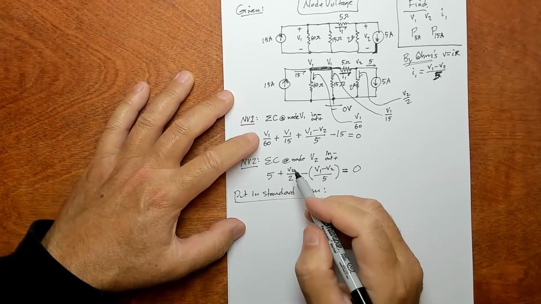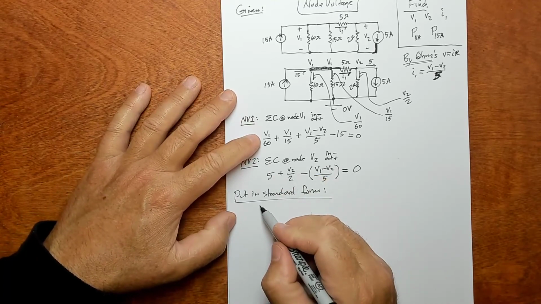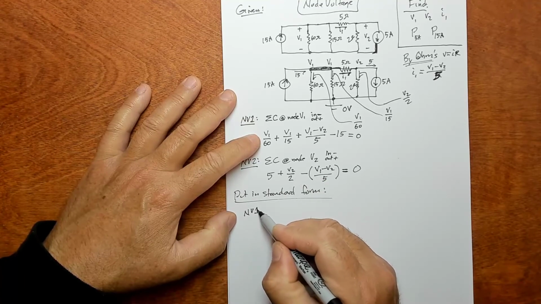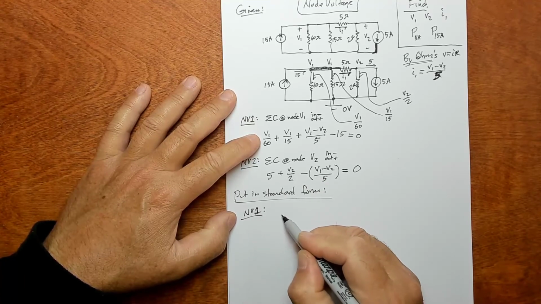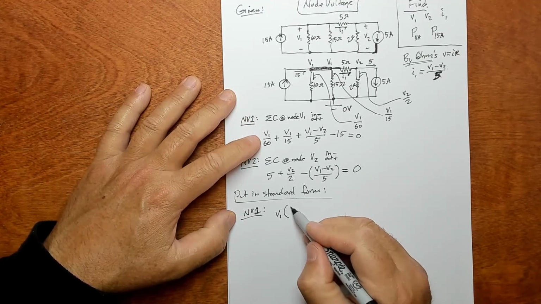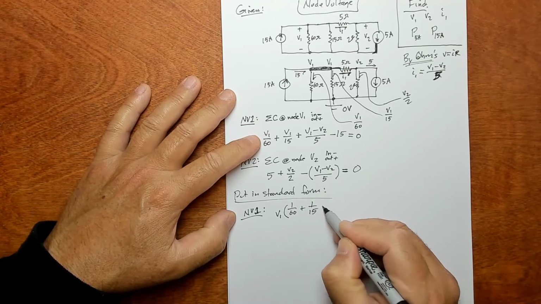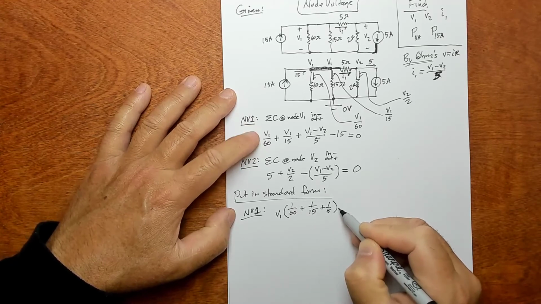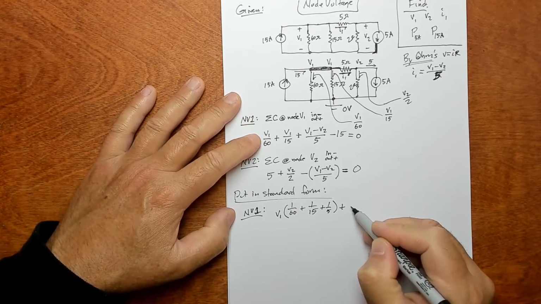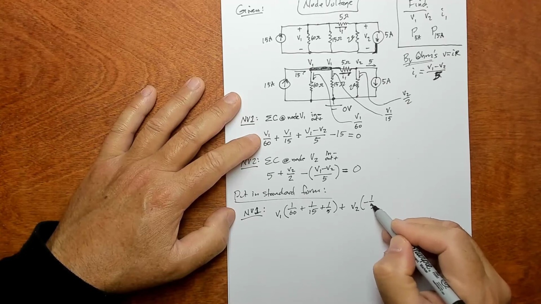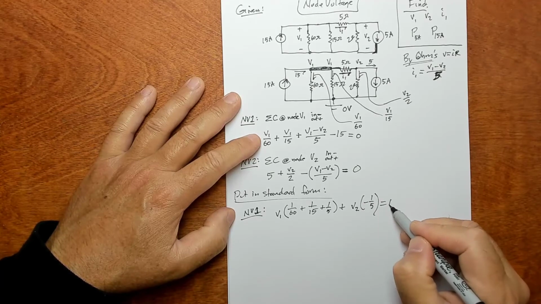So this first one, node V1 becomes V1. Here, I'll work out all the algebra one time. In the future, I think I'll be skipping these. We have 1/60 plus 1/15 plus 1/5. Factor out the V1 from this first equation, and factor out the V2, which gets minus 1/5, and that equals 15.